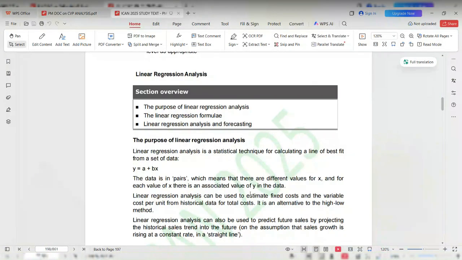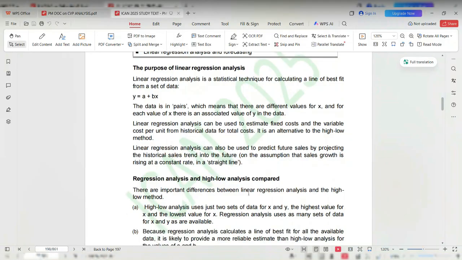So linear regression analysis is a statistical technique for calculating a line of best fit from a set of data. Y is equal to A plus BX. The data is in pairs, which means that there are different values of X, and for each value of X, there is an associated value of Y.